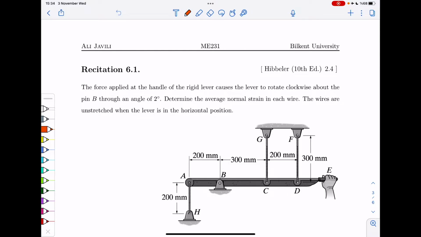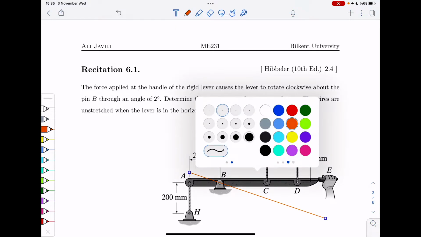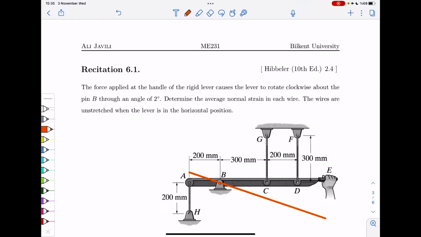Basically what you need to do is to draw the deformed shape of that lever, and let's say this is that, assuming that the angle that you have here is 2 degrees. What we want to do is to compute the strain in each of these cables.